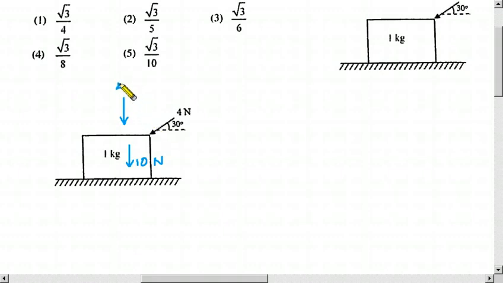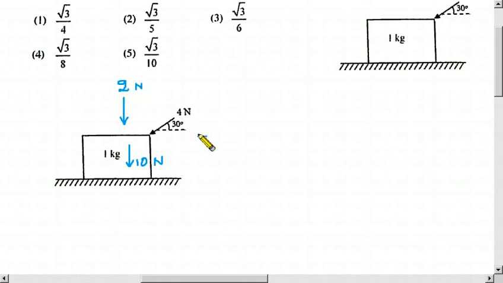So 4 Newton cos 60, because this angle is 60, cos 60, or you can take sin 30. Cos 60 is half, then half times 4 is 2. Finally there is a 2 Newton force downwards.